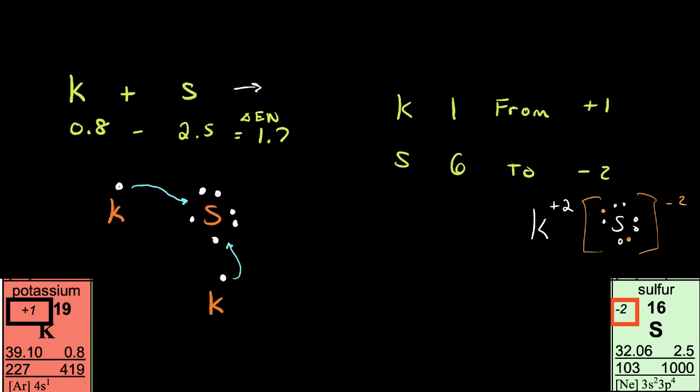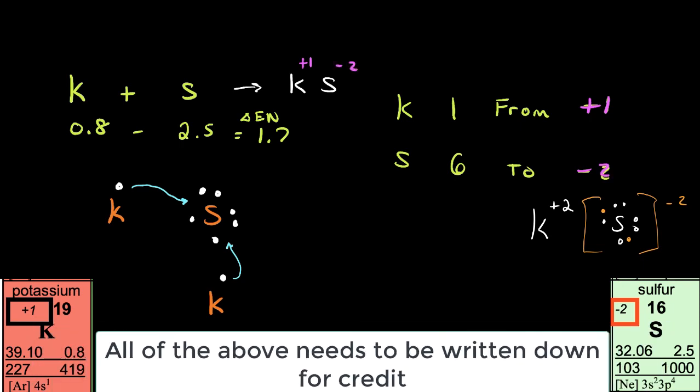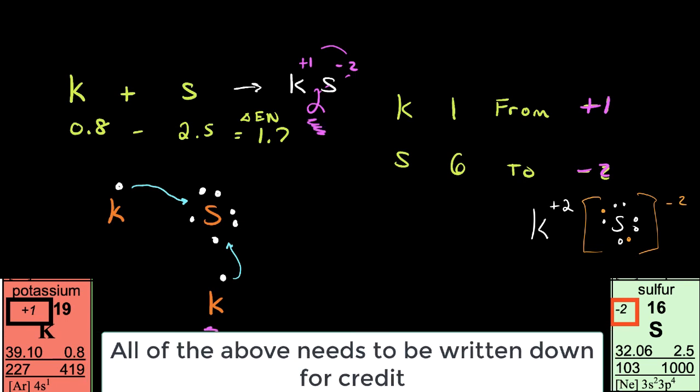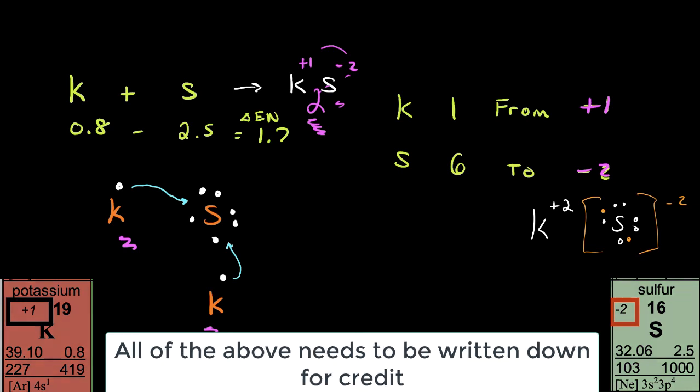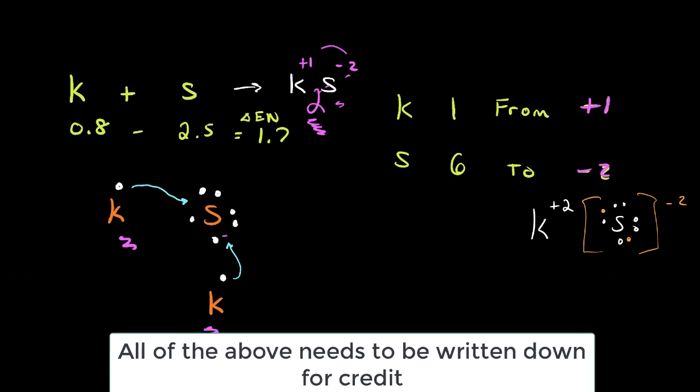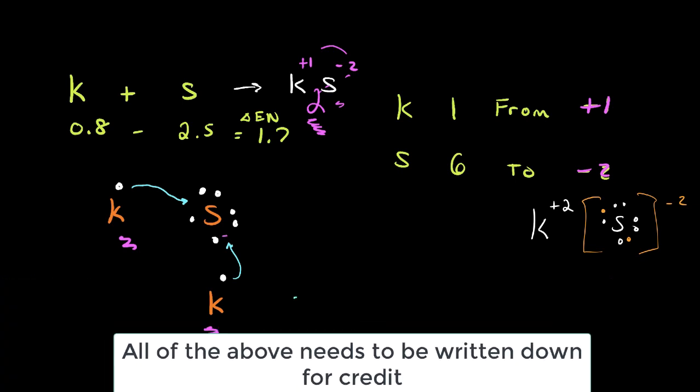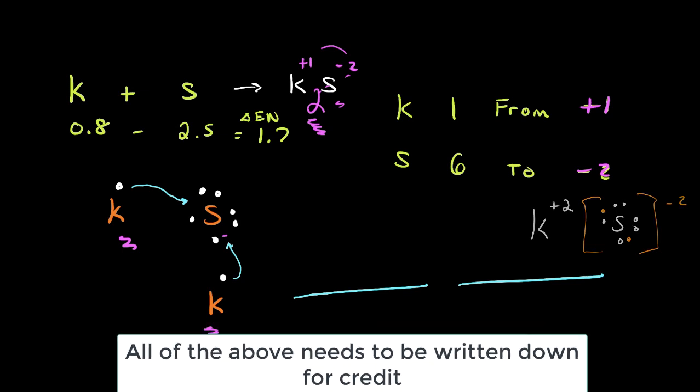Our formula, K2S, and we're going to put in our oxidation numbers, +1. You have -2. They don't add up to be 0, so that means you have to crisscross the values. You need 2 potassiums, 1, 2, for every 1 sulfur. All right, what do you have to do to complete this? You got to tell me what the name of it is.